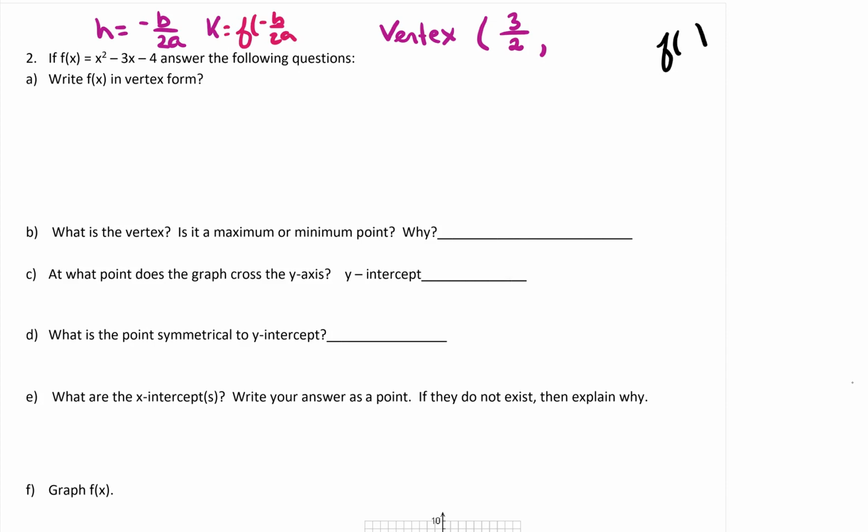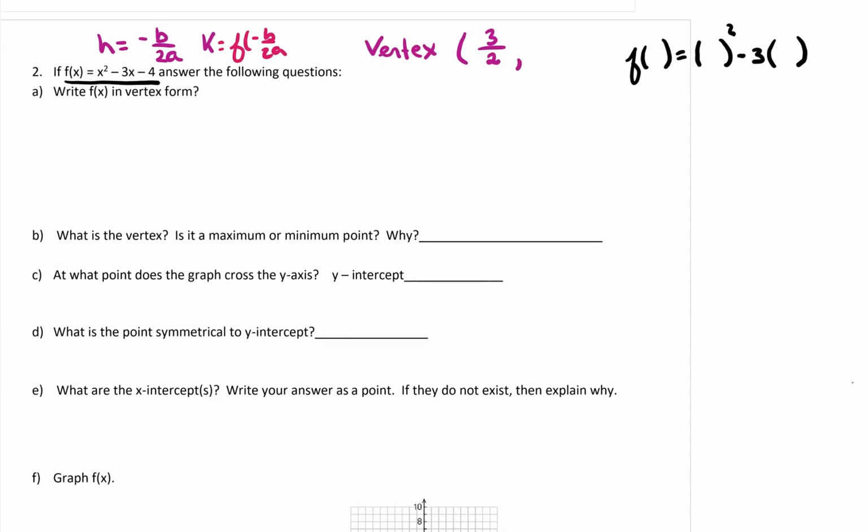So I have f of 3/2 is equal to, wherever I see an x, I'm going to just put parentheses. So I have 3/2 quantity squared minus 3 all times x, so put parentheses, minus 4.